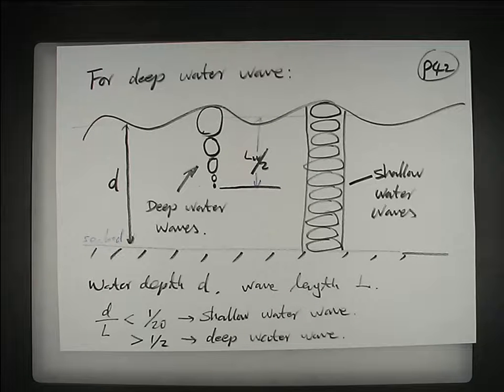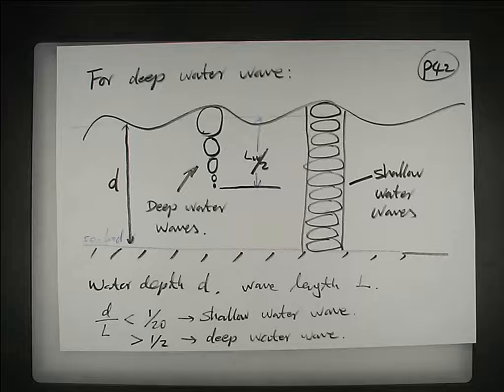Different types of waves show different properties, and we will use different equations to describe them, different velocity potential functions. In the tutorial part, I will explain what the equation looks like for deep water and for shallow water.